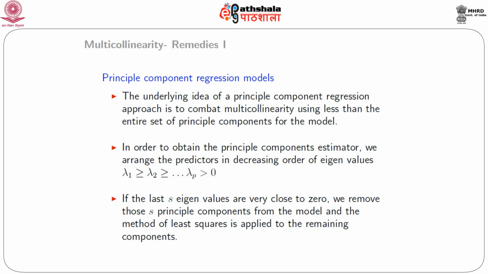The ones which had eigenvalue 1 or more were retained and the others were removed. So if the last S eigenvalues are very close to 0, we remove those S principal components of the predictor variable matrix from the model, and the method of least squares is then applied to the remaining components, and we obtain the estimates of the parameters.